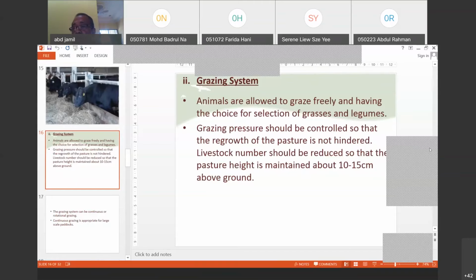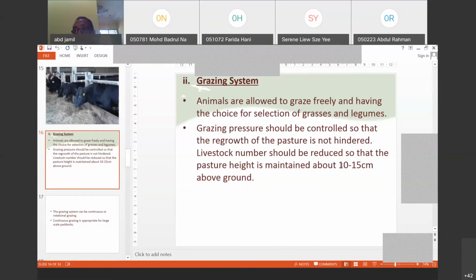So here, the pasture height is maintained at about 10 to 15 cm above the ground. Don't let the animal eat close to the ground, at ground level, until the regrowth is very poor. The pasture needs to have a bit of food reserve in the stem for regrowth.